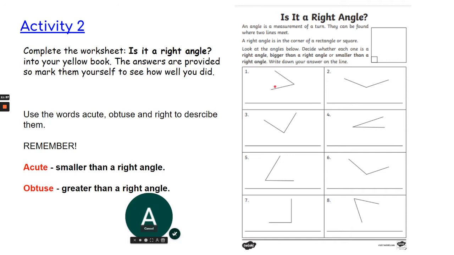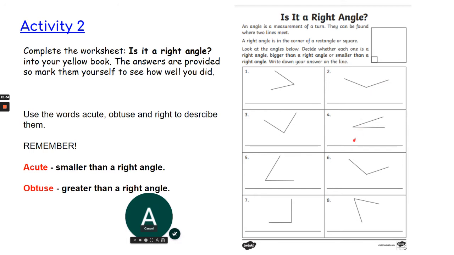So for number 1, let's look. It's smaller than a right angle. It's pointy. It's acute. For number 2, do you remember I said it's like a book opening? This book, the pages have opened out nice and wide, so it's bigger than a right angle. It's going to be obtuse.